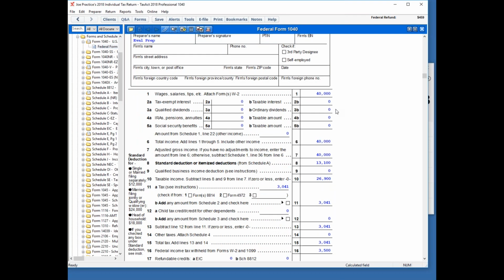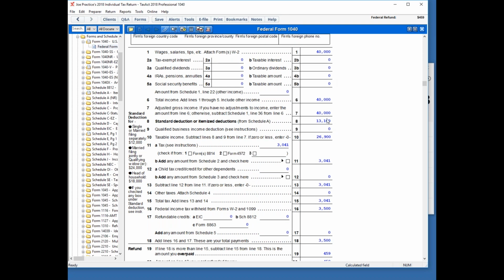For my Joe Practice example, I put in just a modest W-2 income, not too high, not too low, $40,000, and a little bit of federal income tax taken out and a few different things, some state taxes as well, of course. Notice with my practice example here, I made just enough in itemized deductions for this to take effect.